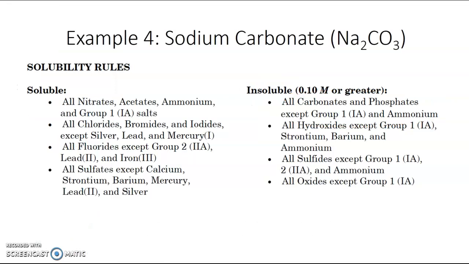Our final example, sodium carbonate, Na2CO3, falls under the carbonate rule on the right-hand side. Most carbonates are not able to dissolve in water. We're obviously not ammonium carbonate because we're sodium carbonate. But we do need to go to the periodic table and check if our cation falls under group 1.